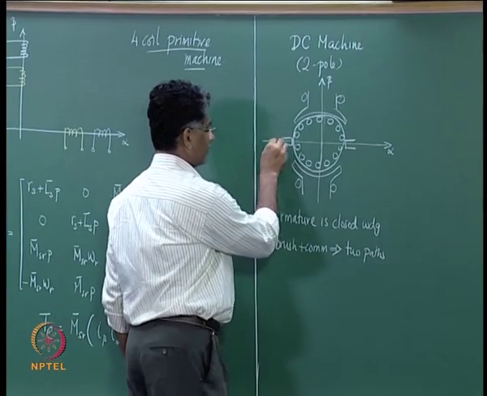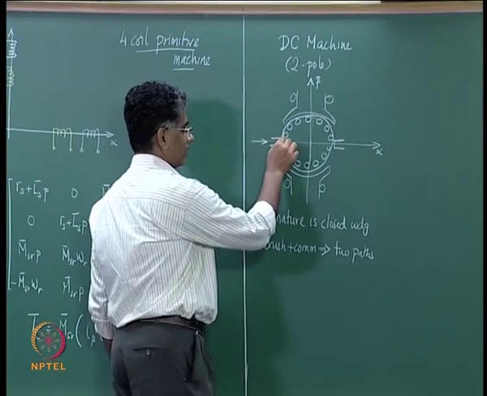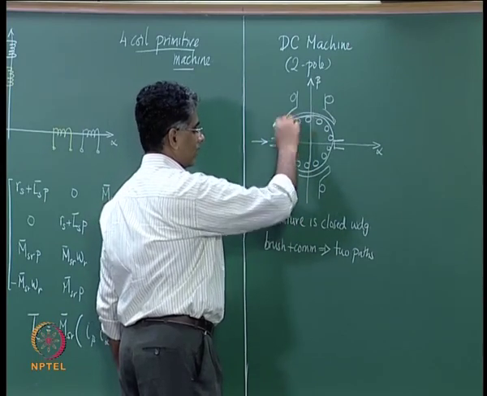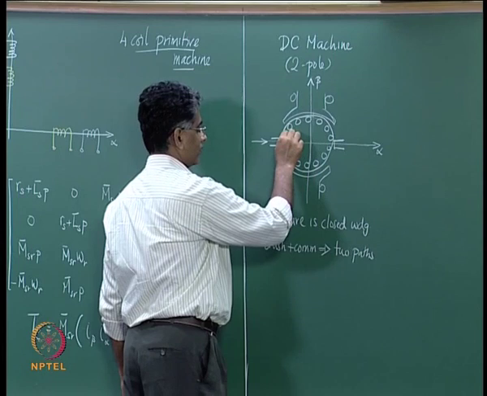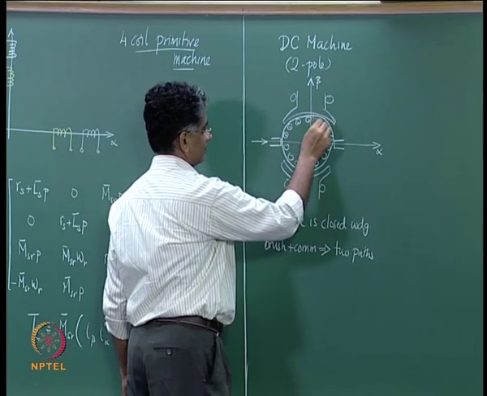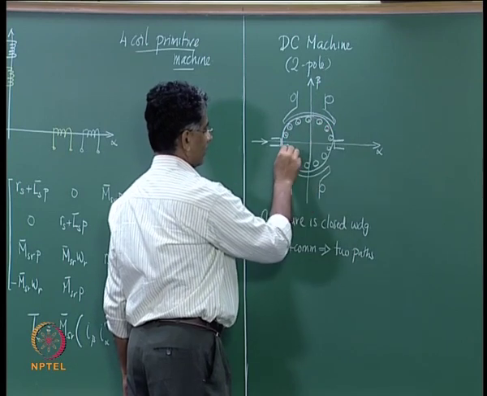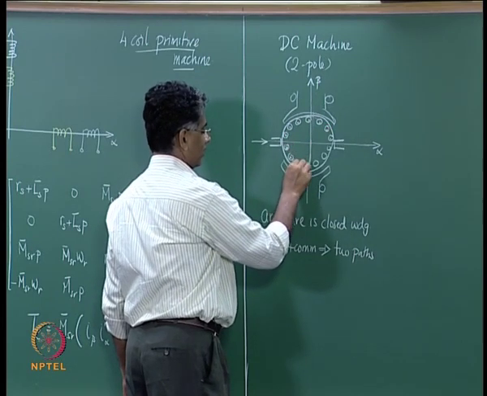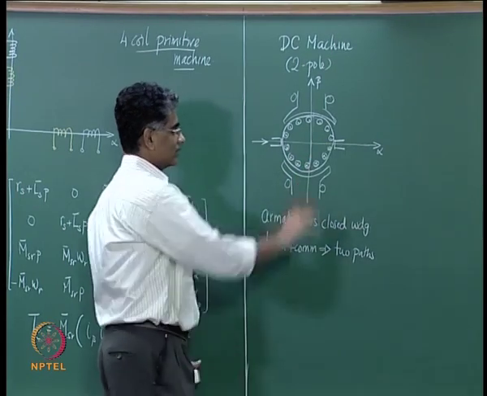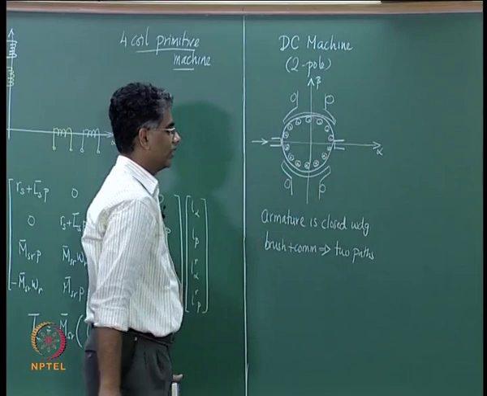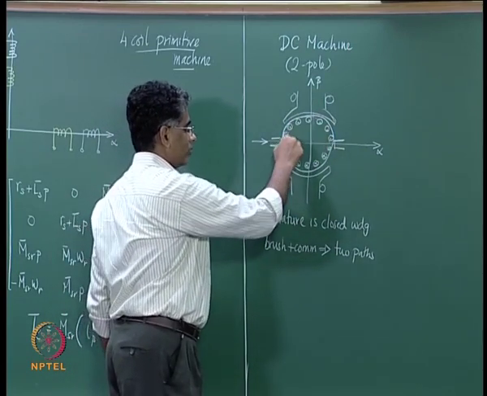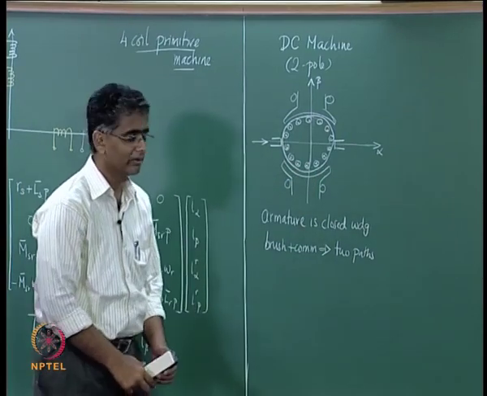The input current flowing in from here is going to split, and then on one half of the DC machine, if you say that the flow of current is, let us say, outwards, then in the other half it would be inwards. As the rotor is going to rotate, the way in which the armature distribution is going to happen remains the same.